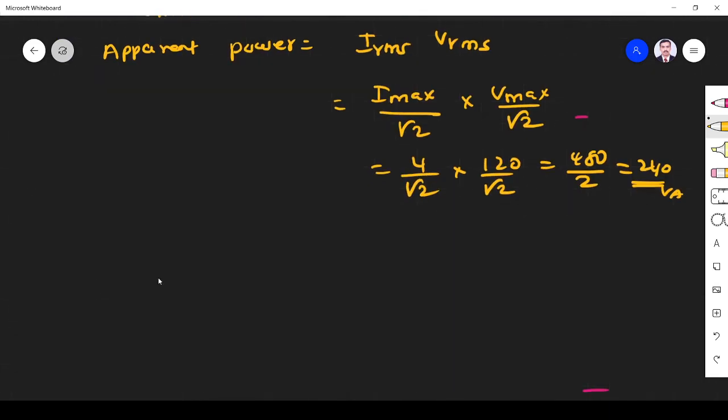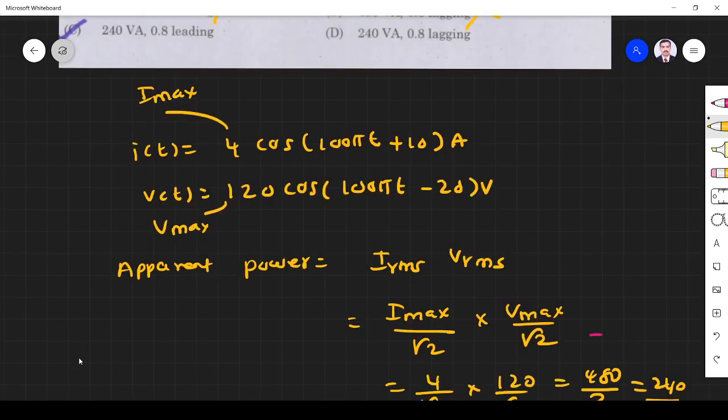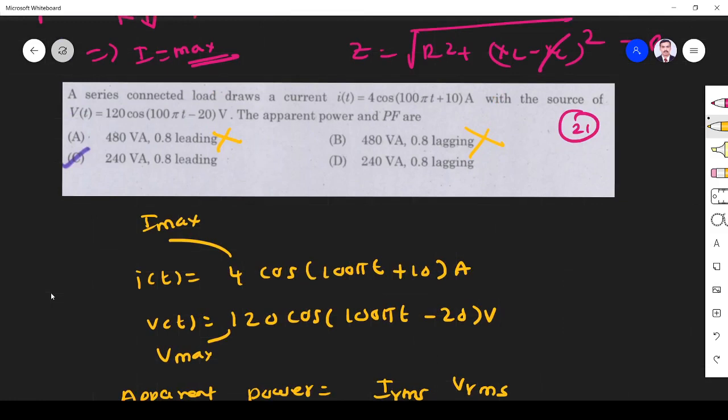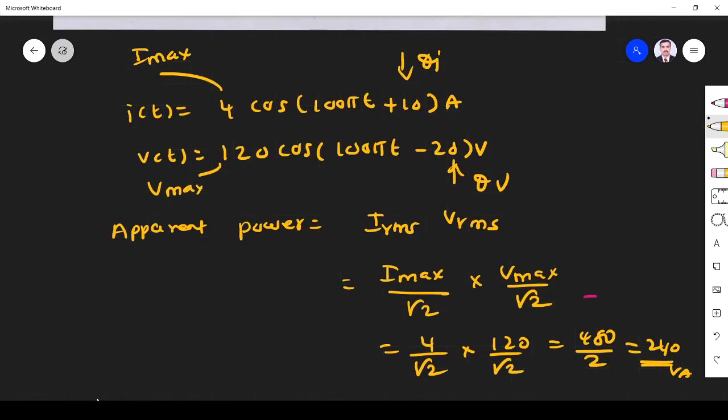Next, we find the power factor. Power factor is cos(θv minus θi). θv is the voltage angle, which is minus 20, and θi is 10.